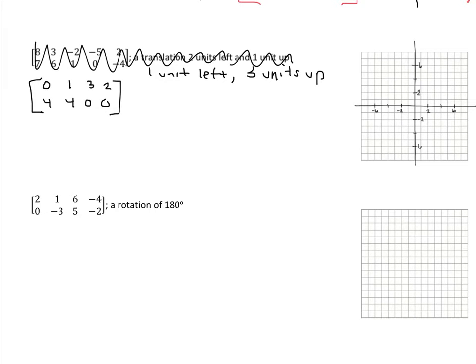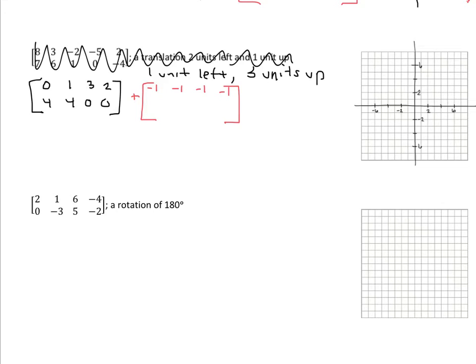All right, so for this one, since we're just moving it left and up, it's a translation. So how are we supposed to do the translations? We're supposed to add. So if you think about it, your x's are all on top, right? So our x's on the graph, those will move 1 unit left. So what number should we add to all those values? If we're moving it left, we're going to add -1 because we want them all to be 1 less than what they are.